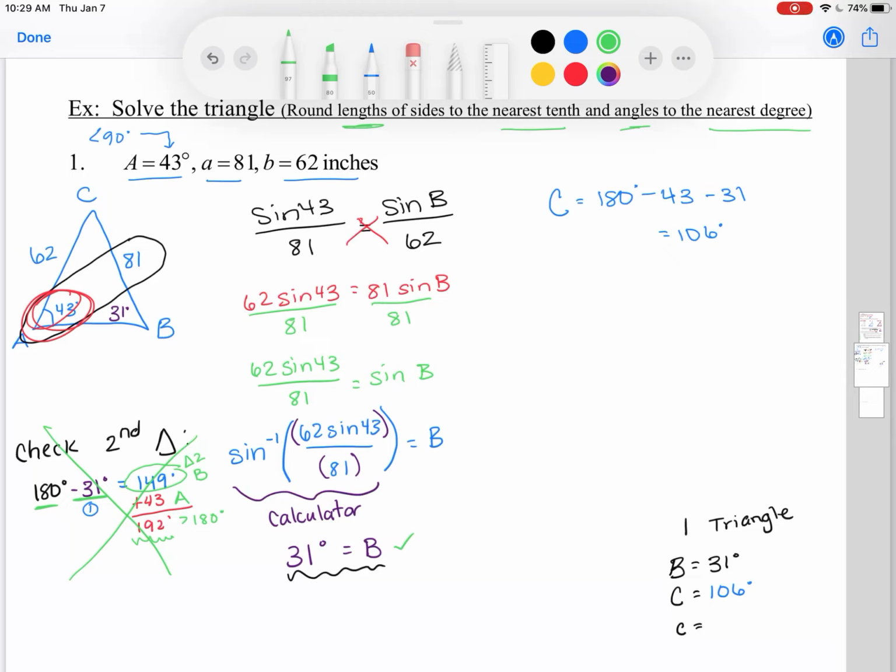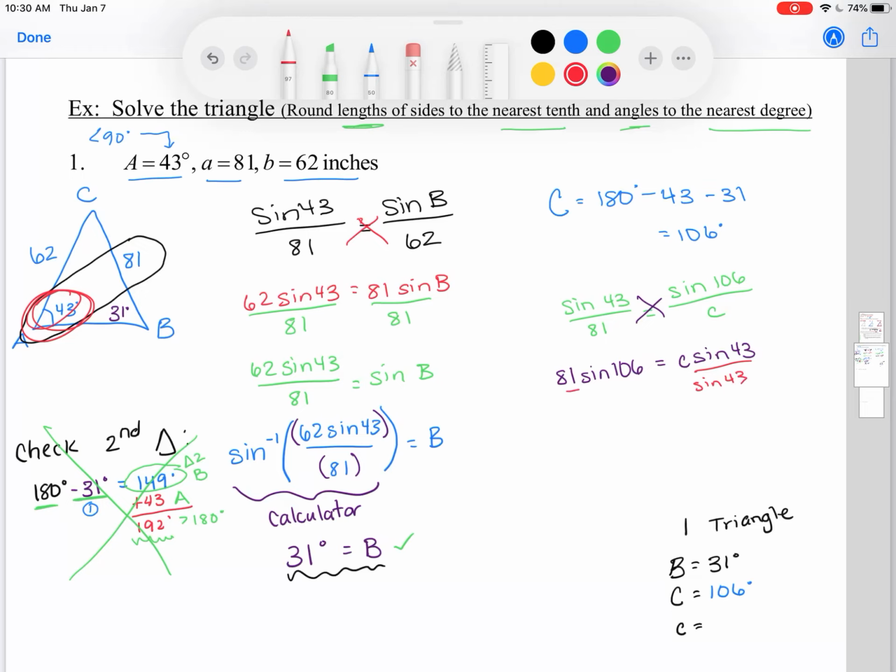And again, now that I know my C angle, I can do law of sines using the information I knew prior with the matching sets. Don't use rounded values as much as you can. Over C. Cross multiplying. 81 sine of 106 equals C sine 43.